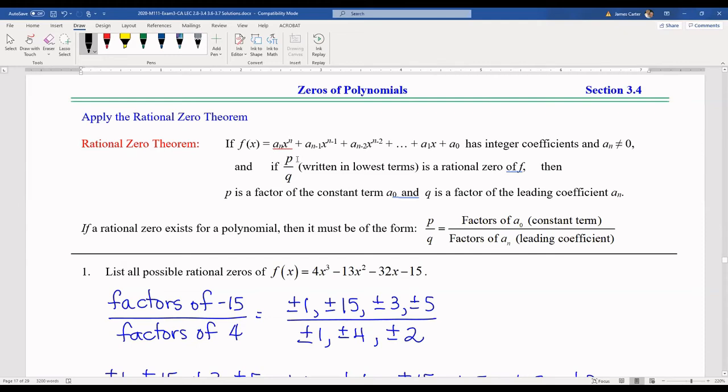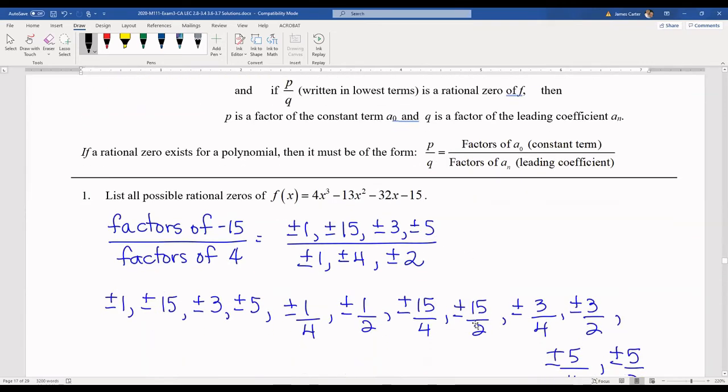So we take the factors of the n term over the leading term, simplify them, and that'll be all of the rational zeros, not all the reals, because square roots are still real, but this will be all of the rationals up through fractions. Okay, so given this equation, based on the -15, we got the plus or minus 1, 3, 5, and 15.